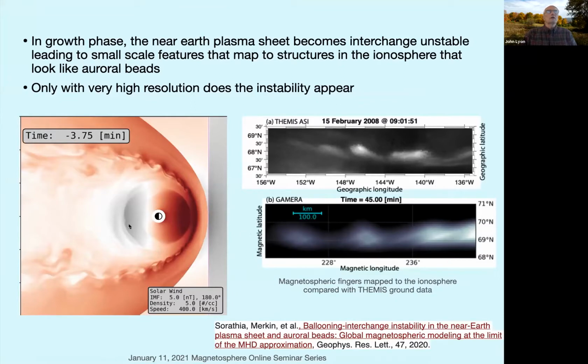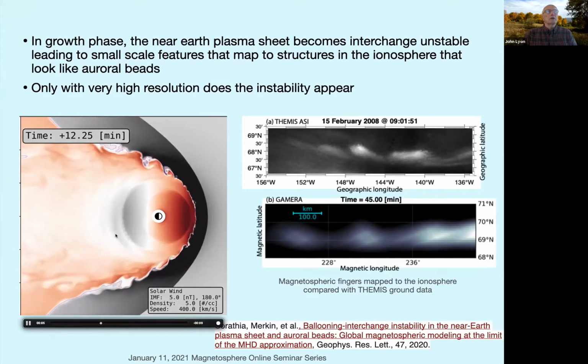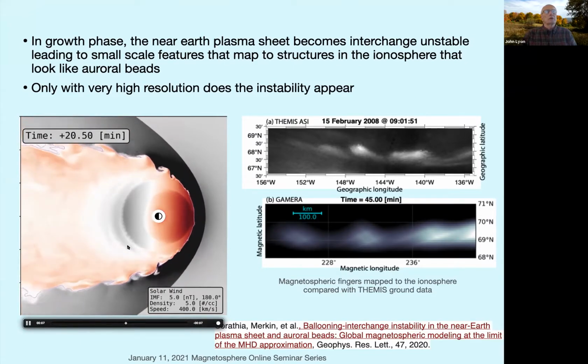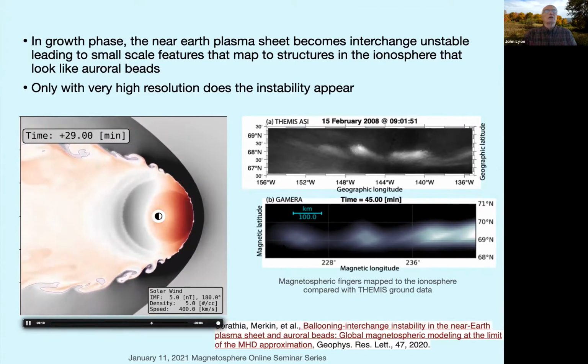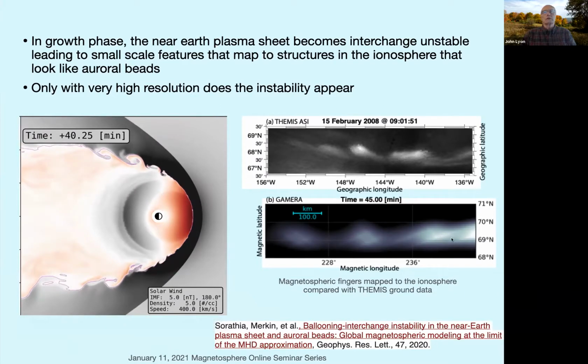Okay, so let me show you in the growth phase, the near-Earth plasma sheet becomes interchange unstable, and I'll show this movie over the short period. Here's the southward turning, and we're starting in the growth phase, and you can see these bubbles, these fingers forming. And if you map those down to the ionosphere, you get this sort of structure using the upward field-aligned currents as an indicator of the aurora.